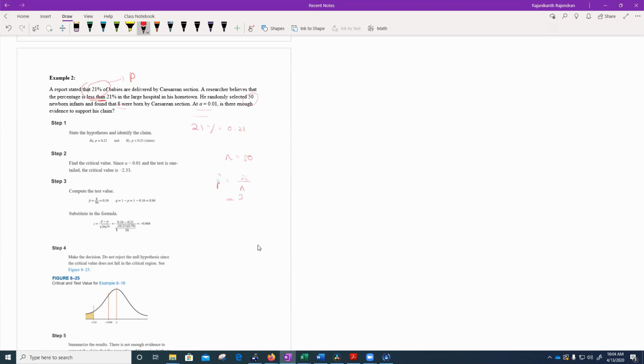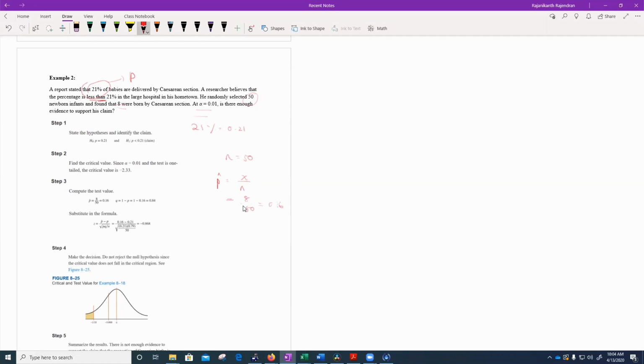There are 8 of them out of 50, so p hat is 8 over 50, which is 0.16.